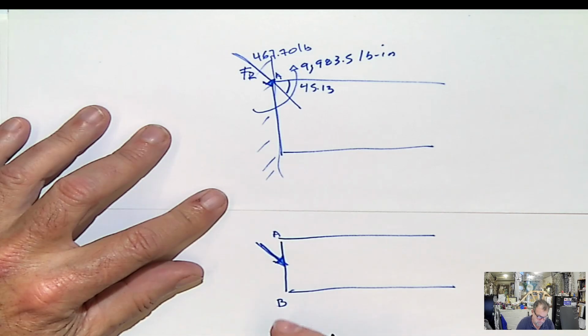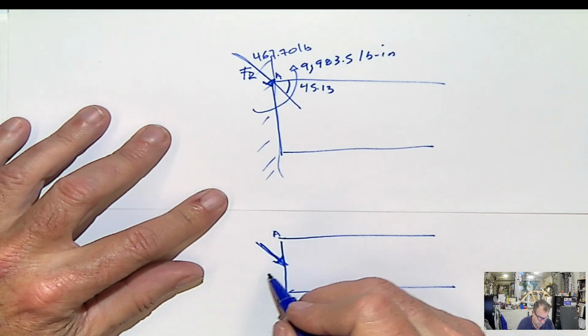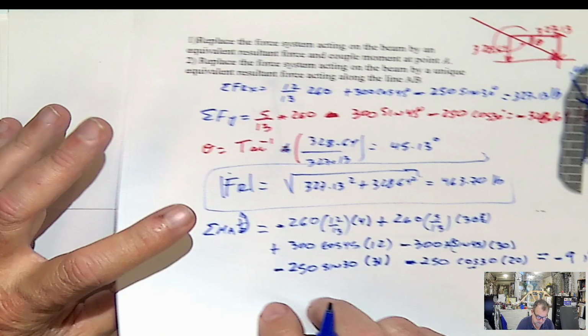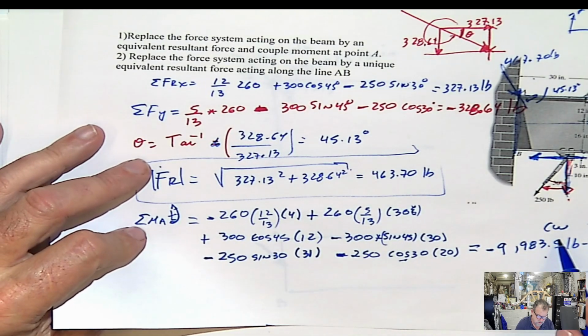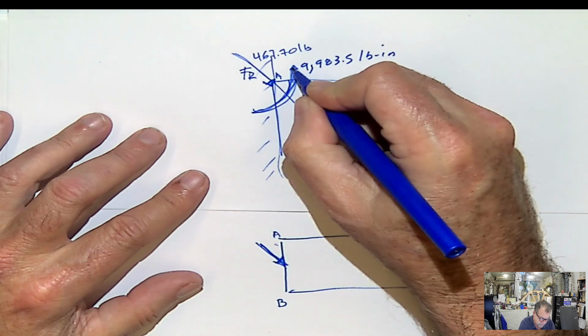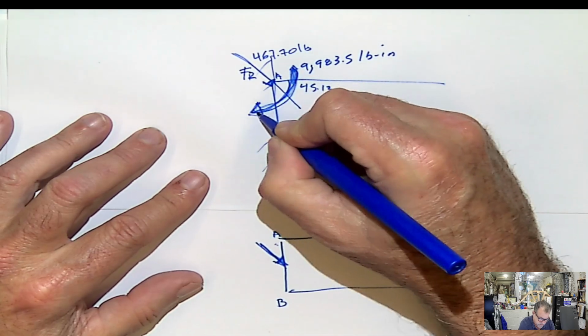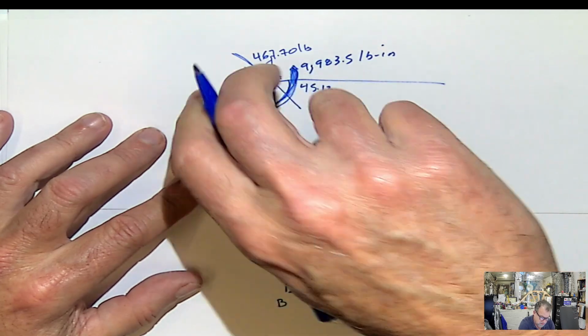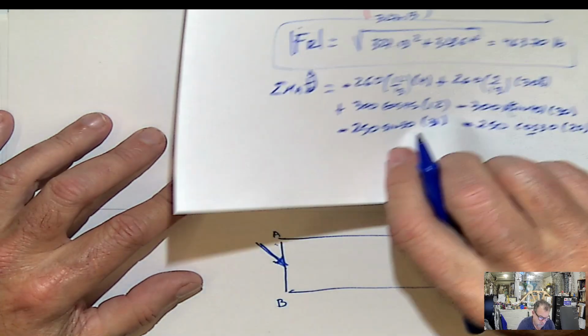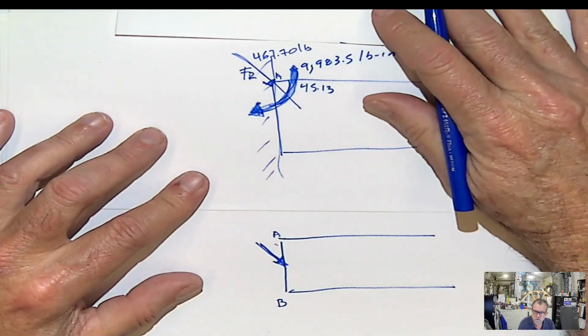And by me placing that force over the line AB, that should produce the same moment, which is clockwise, by the way, and I put it counterclockwise here. I don't know why you don't correct me. Remember, everything that I record is live, so there are going to be bloopers also.